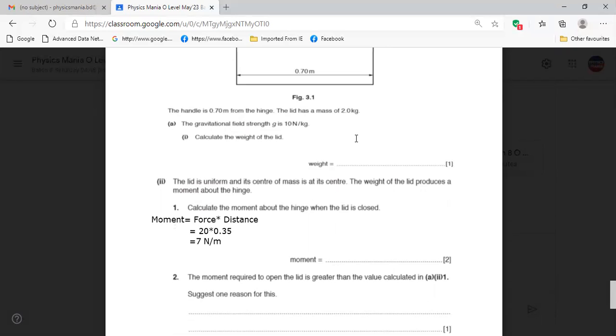So can you see the annotations? Yes. But you should write Newton meter, not Newton per meter. There are presets that you can use.